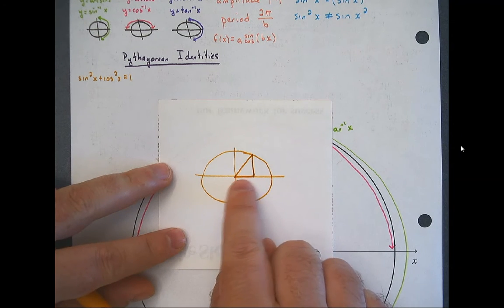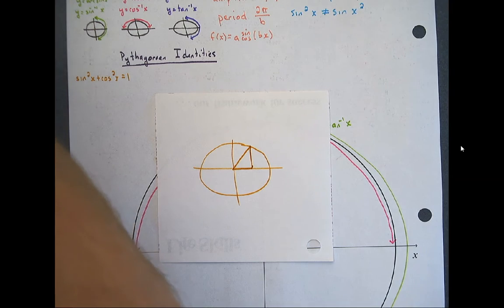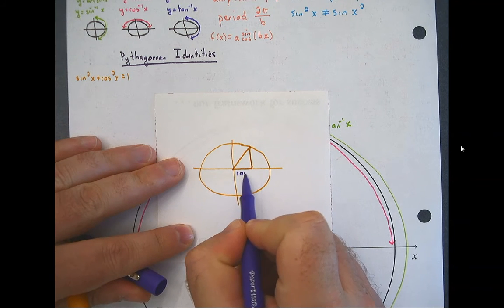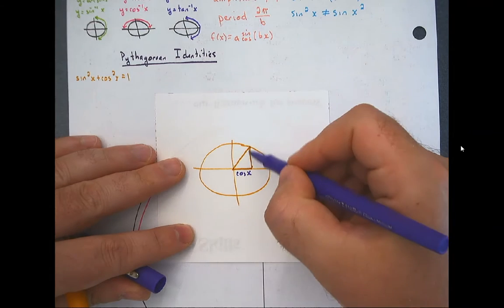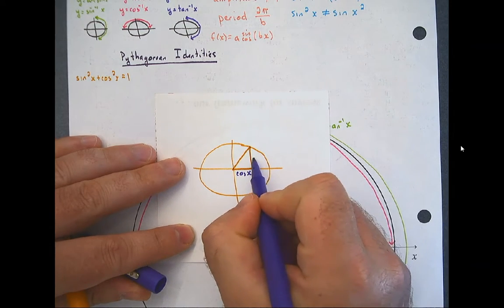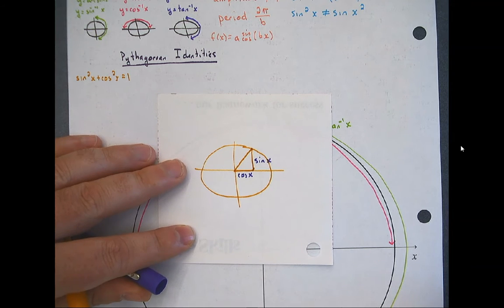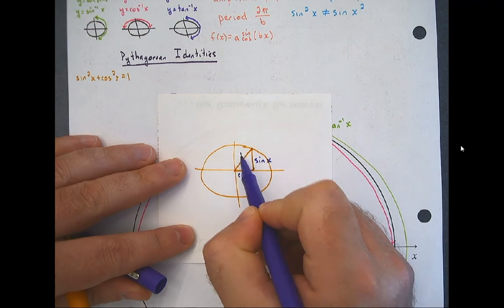This is the x side of my triangle, but we think of x as being cosine. So this length is the cosine side of my triangle. This length is the y side, but we know y and sine are the same thing. And then we also know that in the unit circle, because this is a rotation, this hypotenuse is going to be a length of 1.